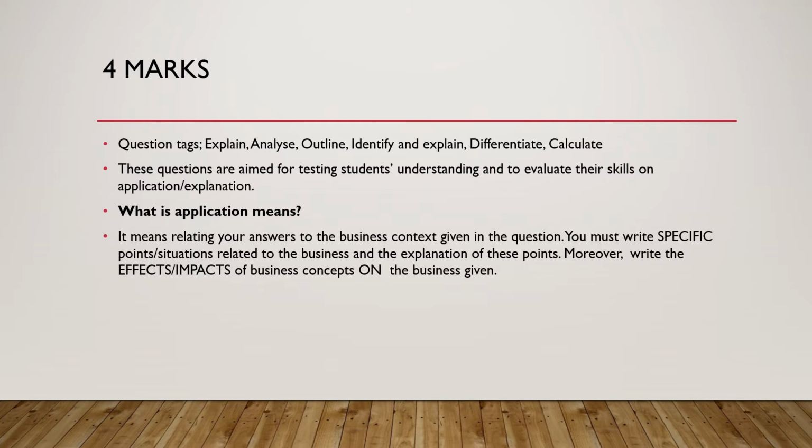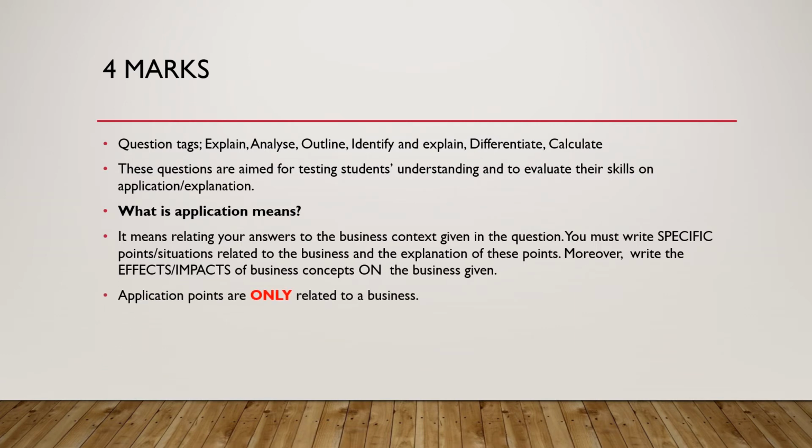At the same time, you must write specific points related to that particular company. If a question is about Apple company, you don't write about a seller selling apples. These two are extremes; the businesses are different.